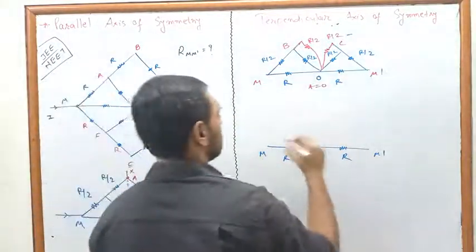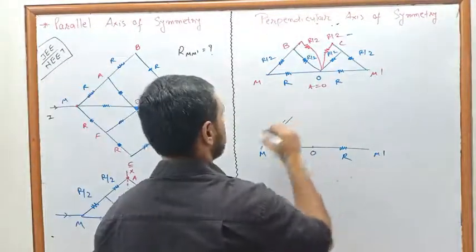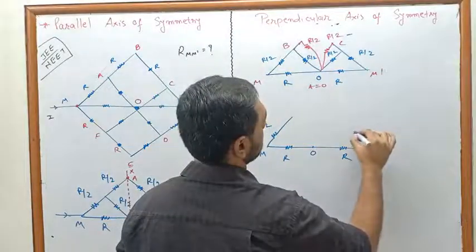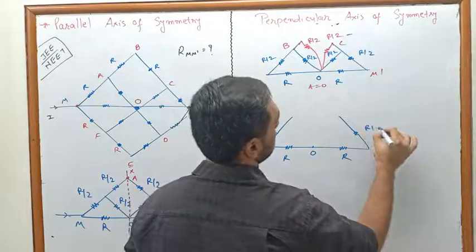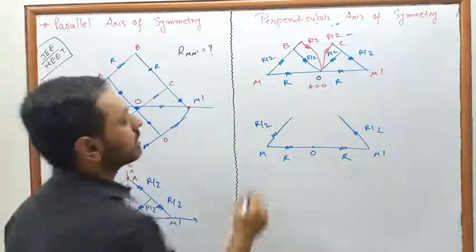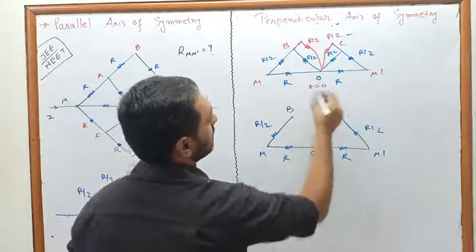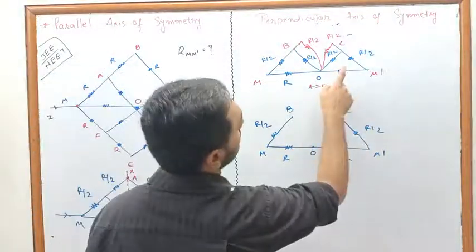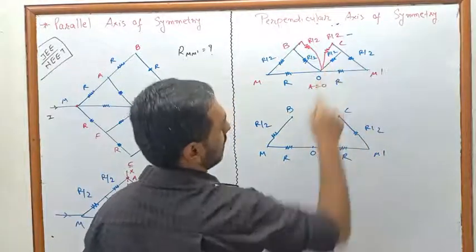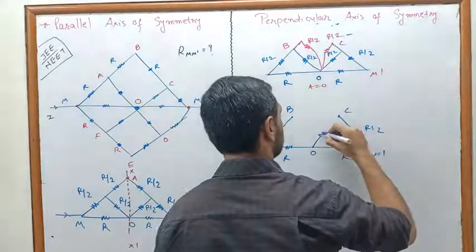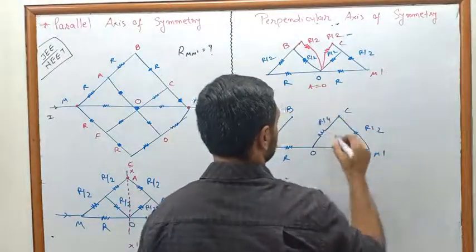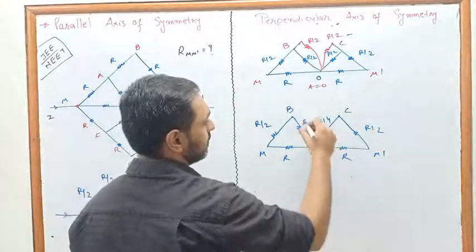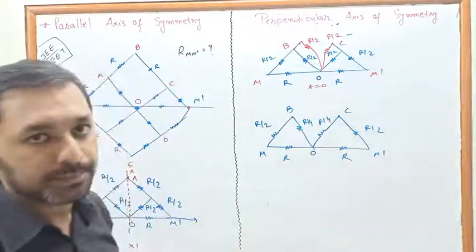Okay. Now R by 2 over here, R by 2. Okay. This is point B and this is point C. Now between C and O, R by 4. And between point B and O, R by 4. Okay.